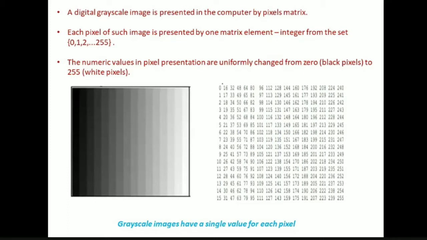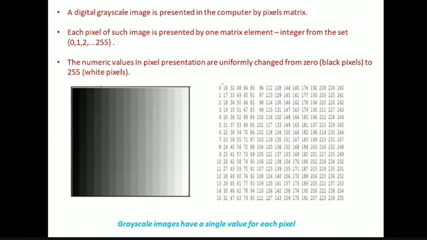Every pixel in a given image is represented by a matrix element, and these matrix elements are taken from the set of integers 0 to 255. What do 0, 1, 2, and so on up to 255 represent? 0 represents a completely black pixel, whereas 255 represents a completely white pixel.